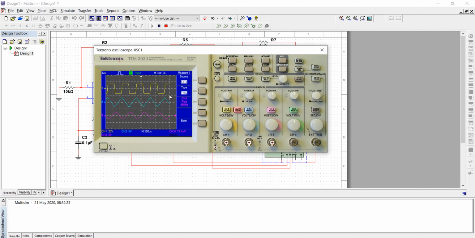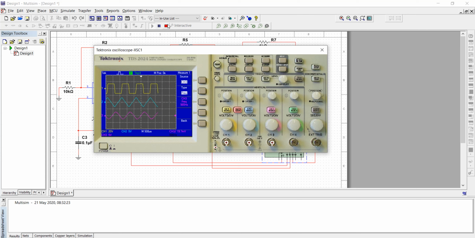So in a single circuit, by using three op amps, we get a square wave, triangular wave, and sinusoidal wave, which we call the operation of a function generator.